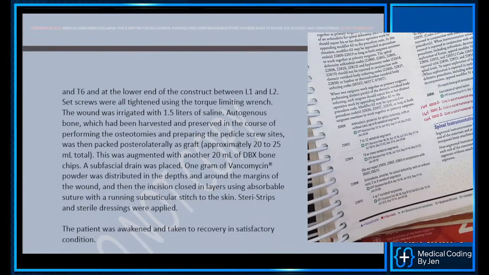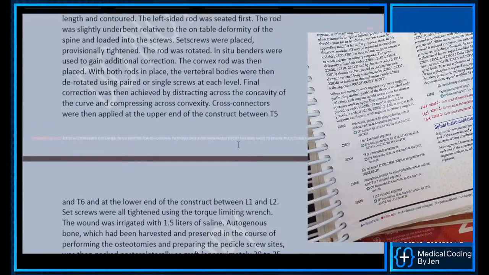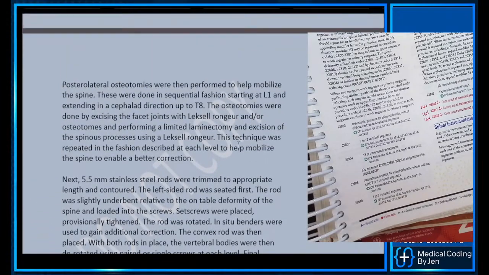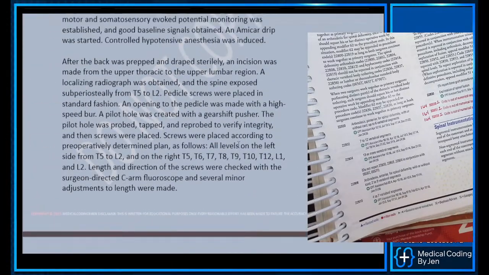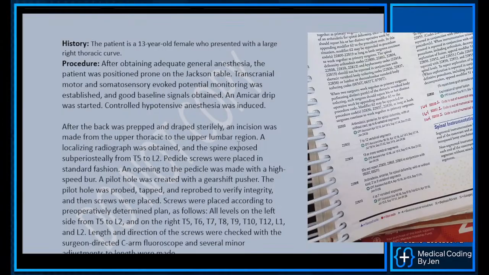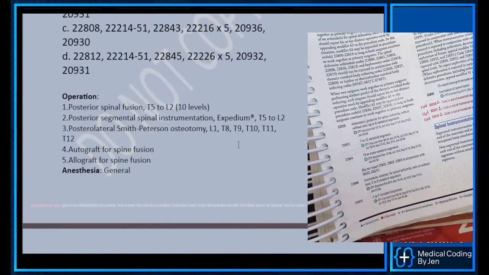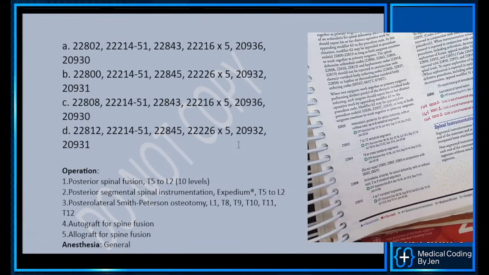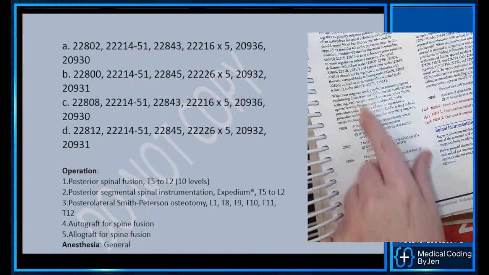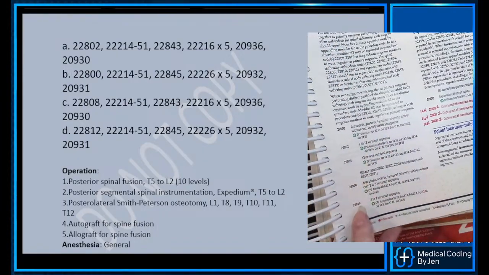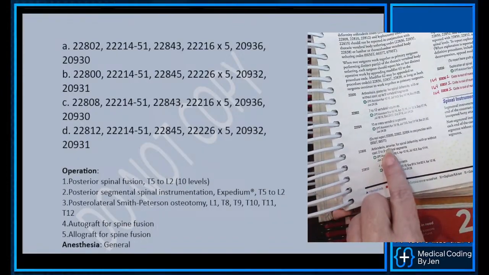How many vertebrae segments did we do? More than 6 or less than 6? We cannot be 12, which is D, because we are not anterior.